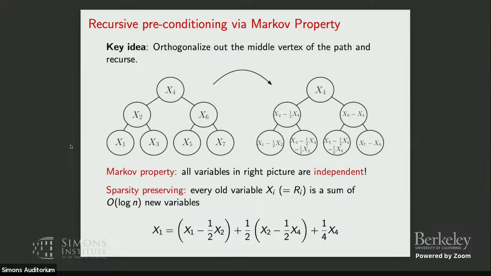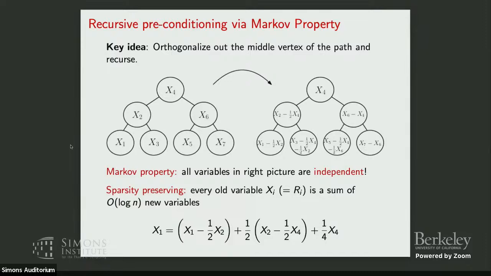So every old variable is a sum of log n new variables. For instance, x1, you trace the path along to the leaf corresponding to x1. Right? So that's our desired basis change. We got to this in this intuitive way.